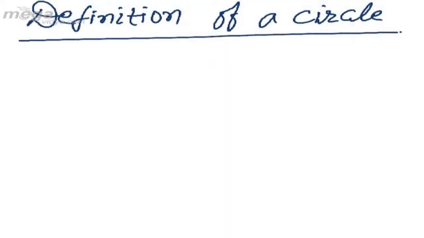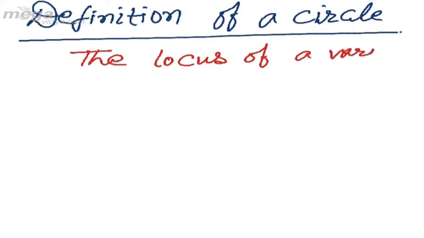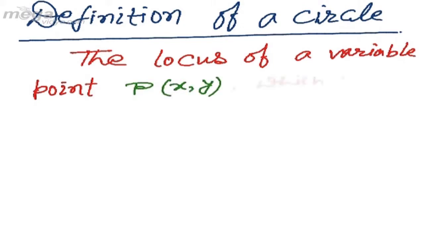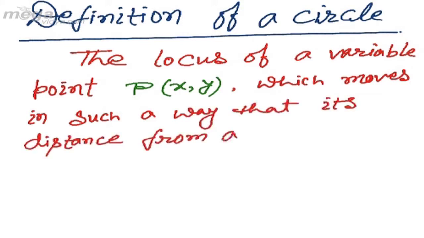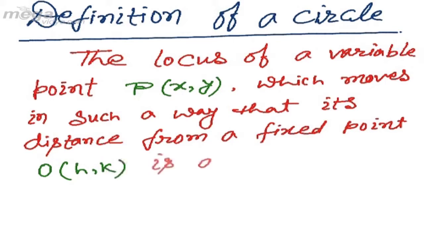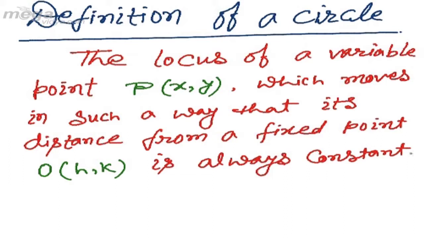Now I'm taking here the mathematical definition. It is the locus of a variable point, suppose it is P(x, y), which moves in such a way that its distance from a fixed point, suppose it is O(h, k), is always constant, and suppose that constant is r.